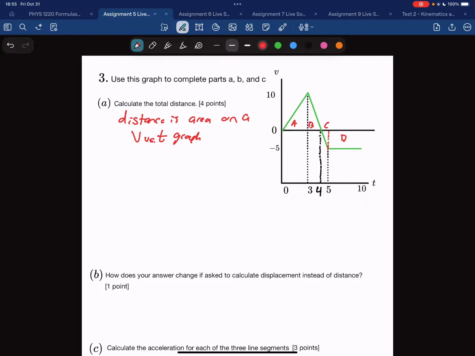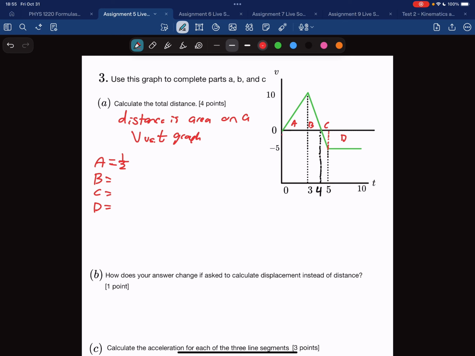So let's get calculating. I know I'm going to have 3 different areas. I'm going to have A, B, C, and D. For A, this is a triangle, so I know I'm going to be using the triangle formula of 1/2 base times height.